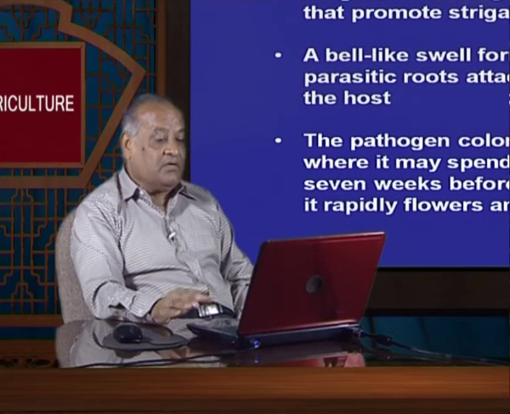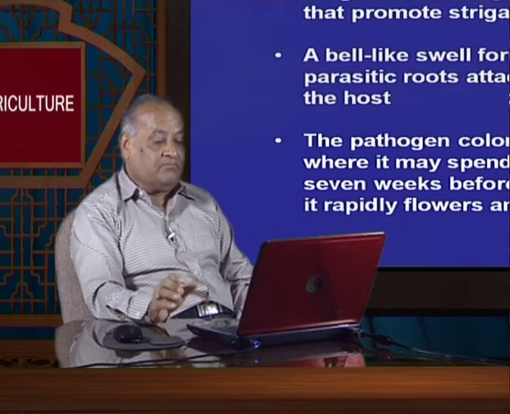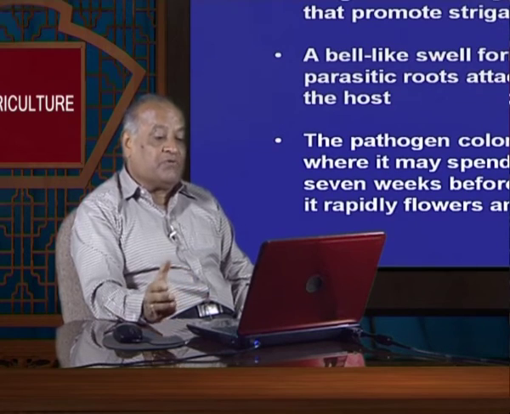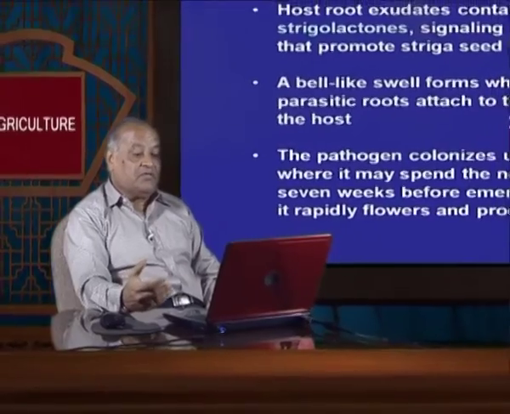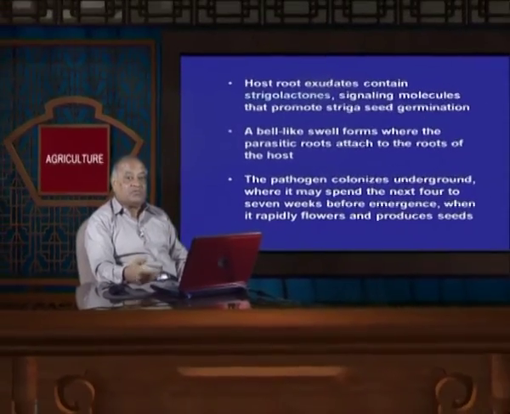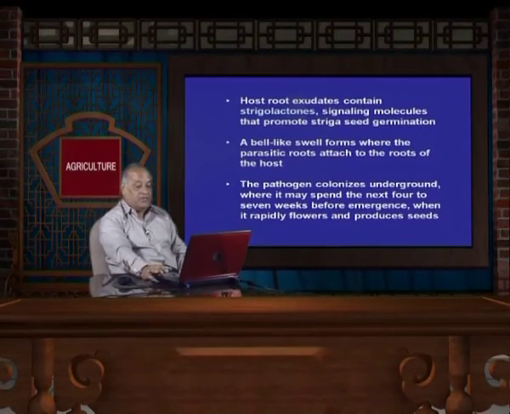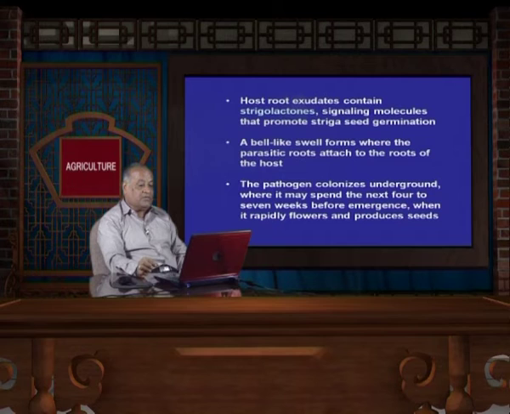So, it remains underground for quite a long time, and just after emergence they start producing flowers and seeds. So, it is very important that we should manage these parasites before the production of flowers, otherwise they will start producing the seeds and seeds will be disseminated as soon as they are produced.